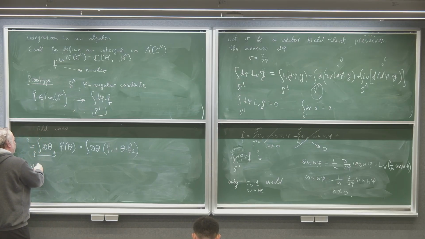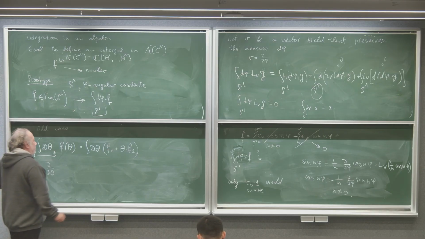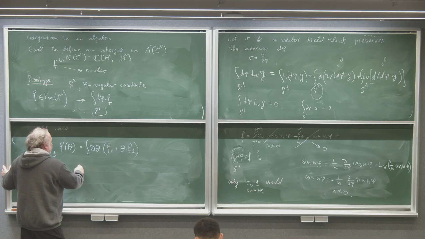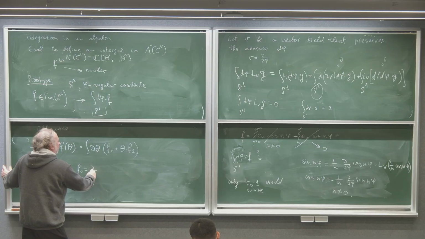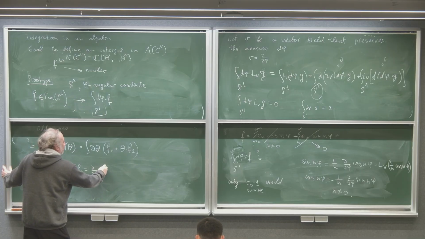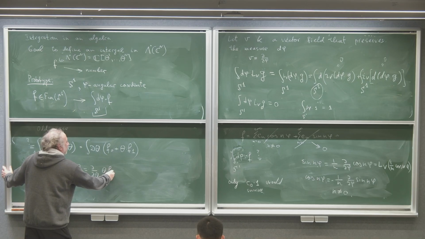As a vector field, the only vector field that is available here is d over d theta. So f naught is d over d theta of theta f naught.